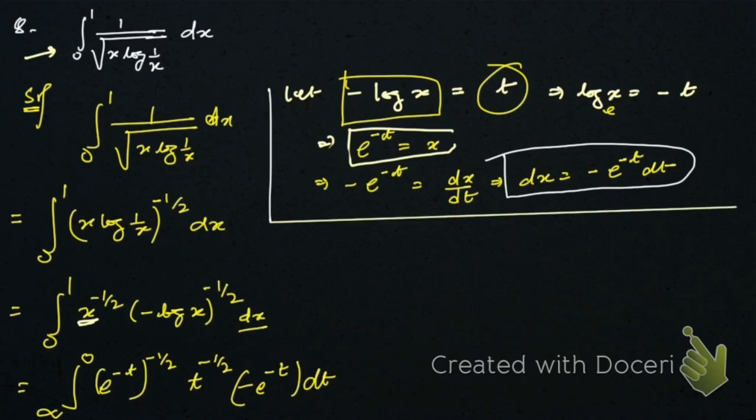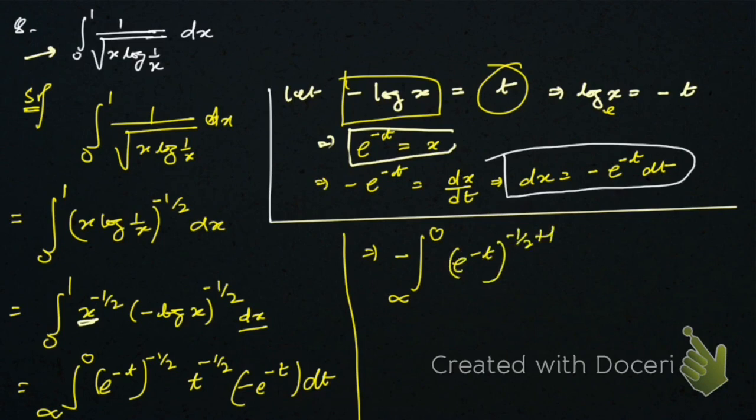So if you simplify this further, this minus will be taken out. Minus, infinity to 0, then e to the power minus t minus half, whole to the power minus half, then you will get e to the power minus t, that minus half plus 1, that means plus half, right?